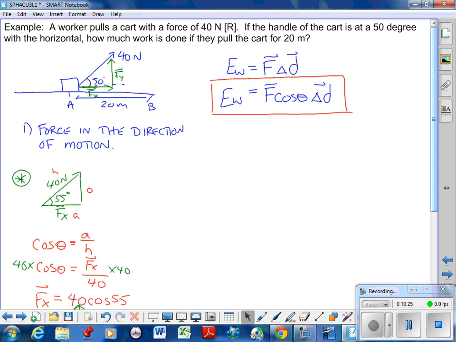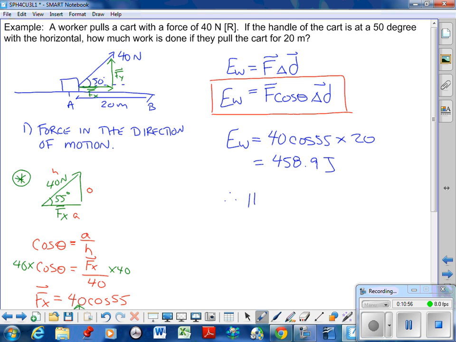Technically you could actually just put this formula on your formula sheet, and if it's horizontal, cos of 0 degrees is always 1. So it doesn't matter which way you do it. So for this question, although it looked hard originally, it's just 40 times cos 55 times 20. It's just a matter of punching into the calculator. And I get 458.9 joules.